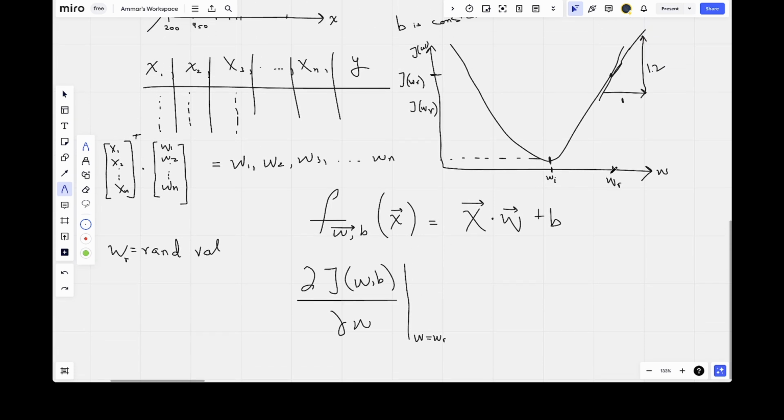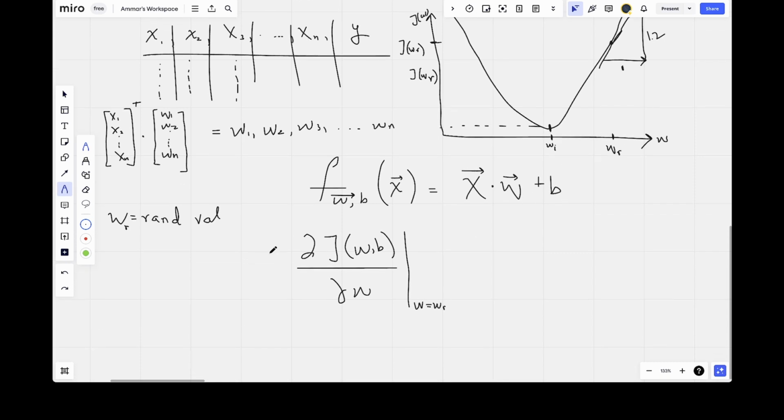So what we can do, because we can visualize this whole thing, is that we want to decrease the value of wr to reach the global minima, right? So we can subtract this term from the initial random value of wr, and that would decrease the value. Let's say after doing this you are here.